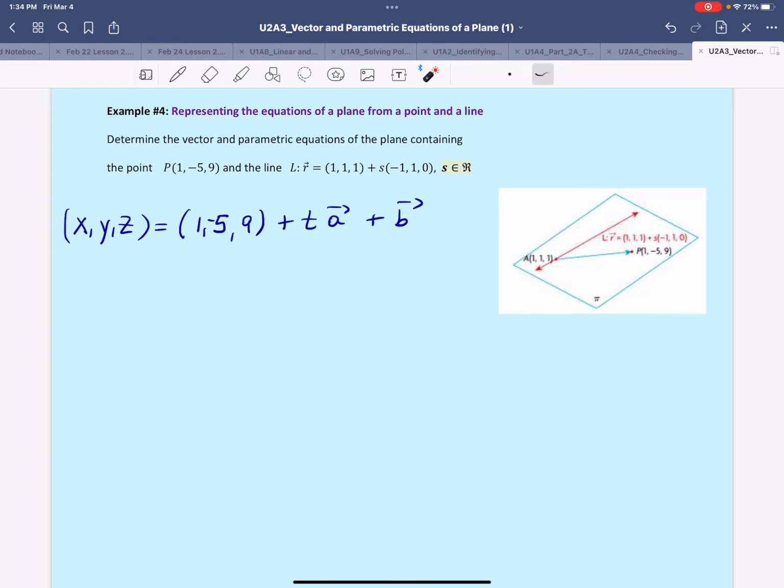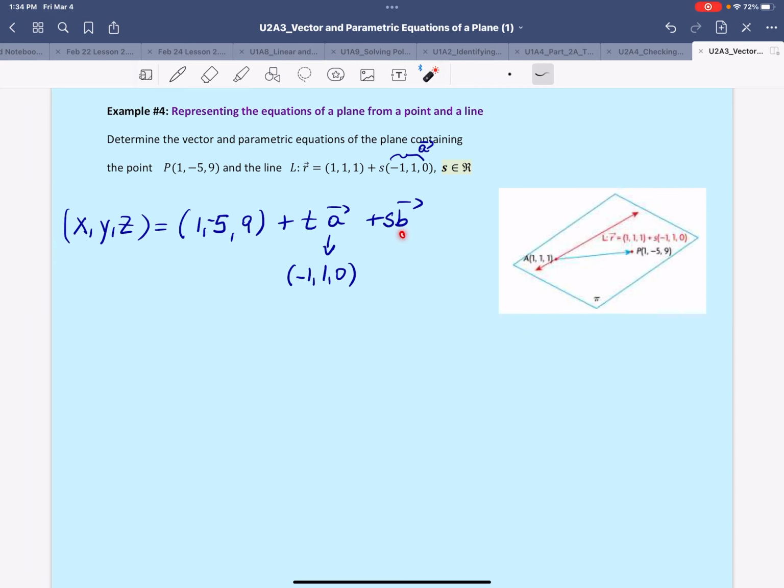Since the line is on the plane, then the direction vector of the line can serve as a direction vector of the plane. So this one here, I choose to call the direction vector A. So (-1, 1, 0).